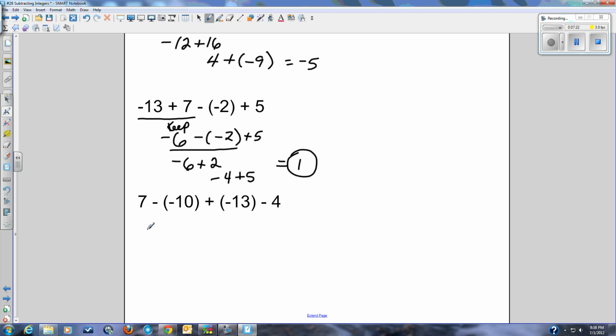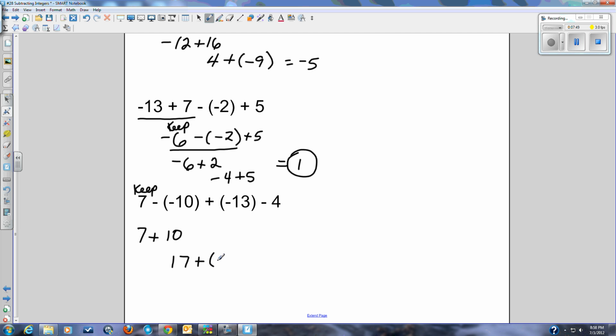Last problem here. 7 minus negative 10 plus negative 13 minus 4. Okay. Keep your first number. If you have a subtraction problem, keep the first number, change the minus to plus, negative 10, you change the sign on that, it becomes positive 10. 7 plus 10 gives you 17.